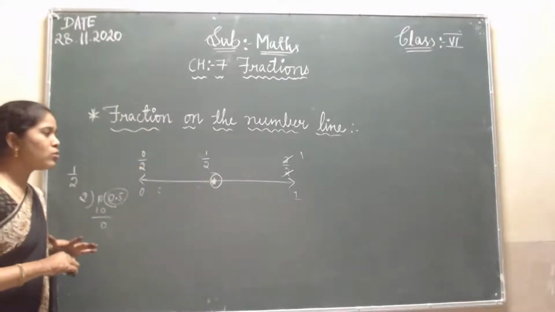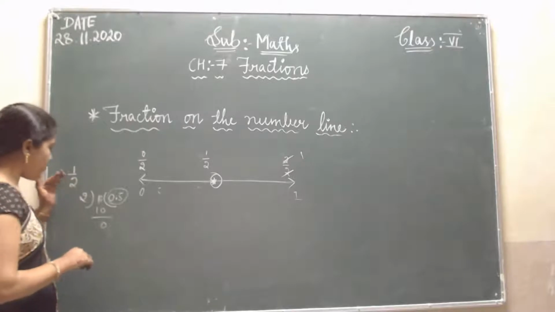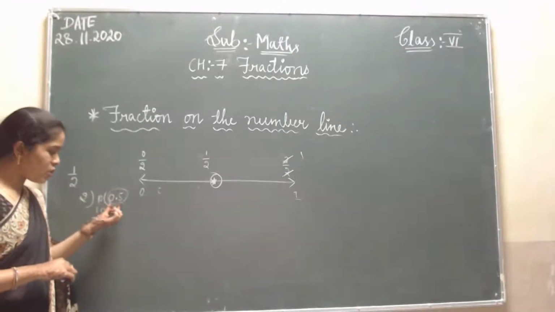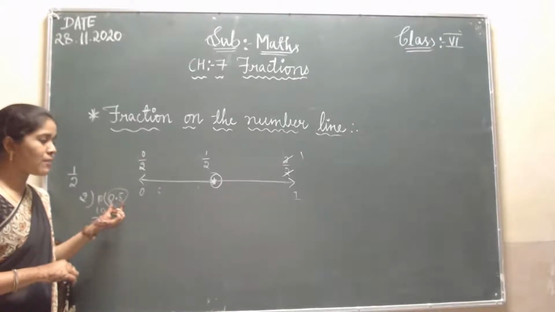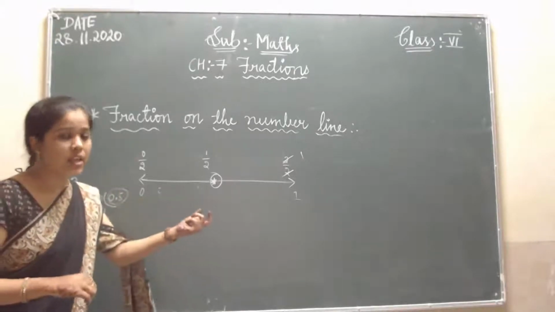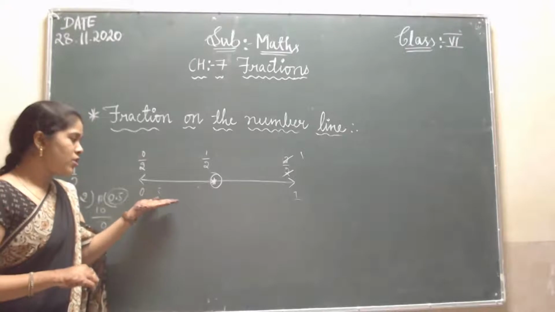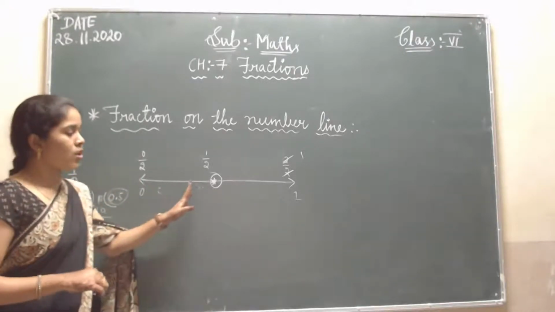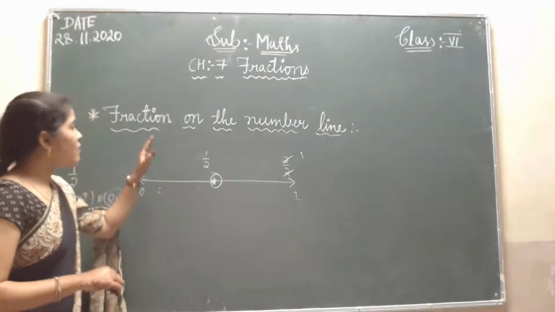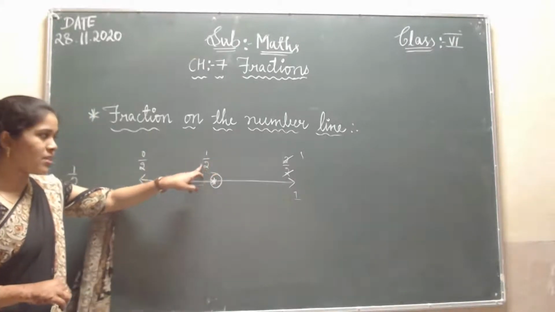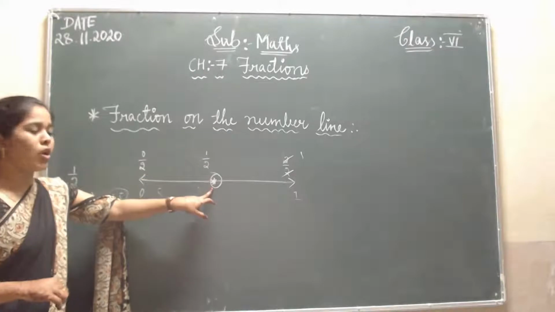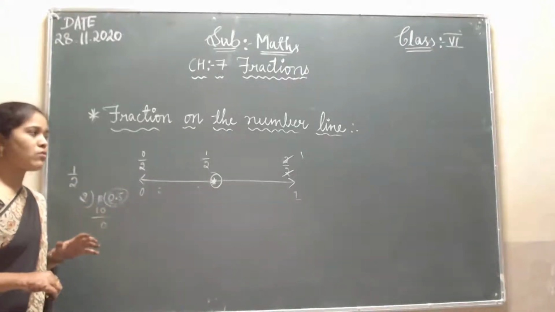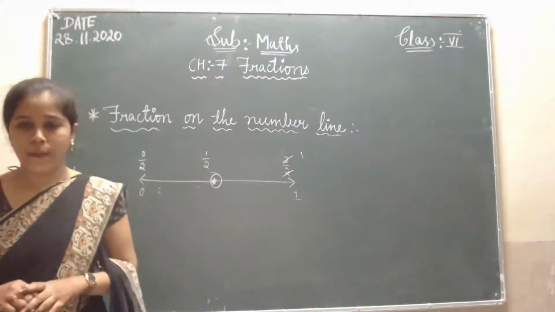So what we have to do here is take this fraction and divide with these numbers, and we are getting 0.5. 0.5 comes in between 0 and 1, and we plot a line and draw these numbers on the number line. This is the fraction 1 by 2 on the number line. So this is how we have to draw fractions on the number line.